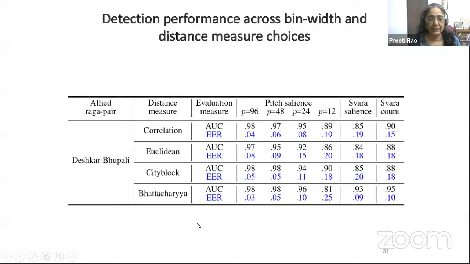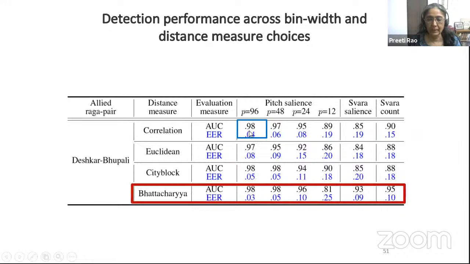Similarly, if we look at the ROC characteristics, it tells us that yes, having a fine bin width is very good, but it's not so bad as you decrease the number of bins, that is, as the bin width gets coarser.